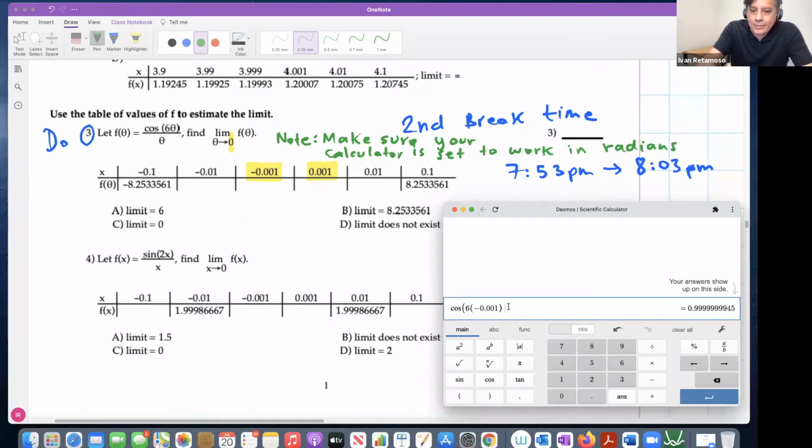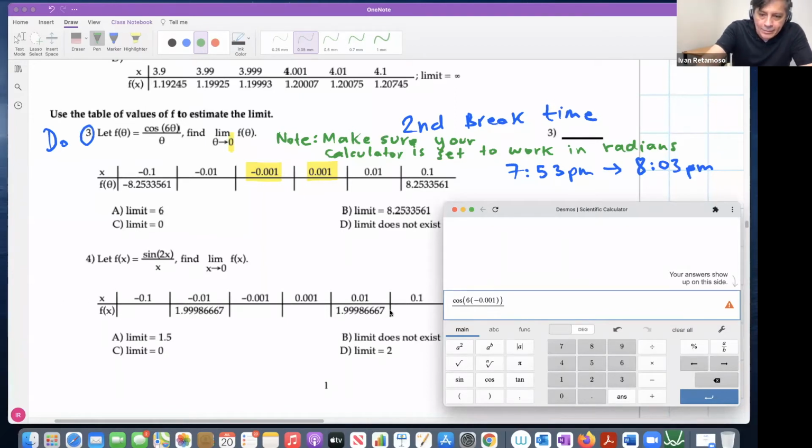Now that's for the numerator. For the denominator, a slash, and I have to write theta again, but theta is this guy, negative 0.001. And now this is in degrees. I want this in radians, right? Remember, I wrote a note here: make sure your calculator is set to work in radians. Radians, right? Look what I got.